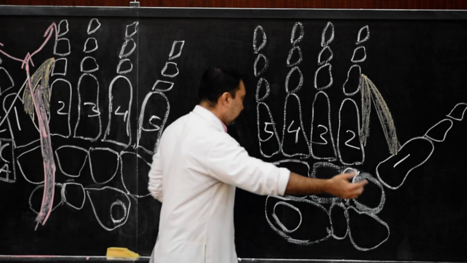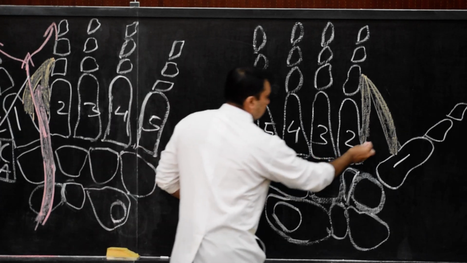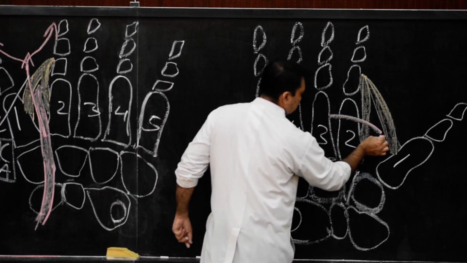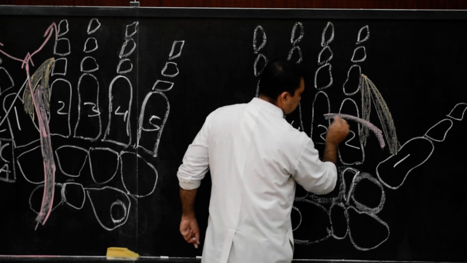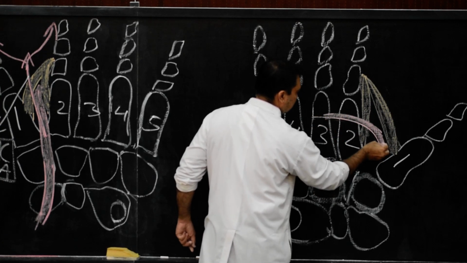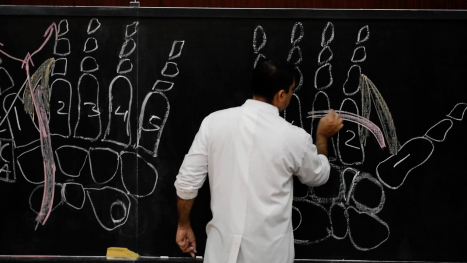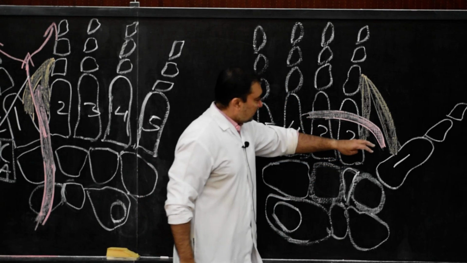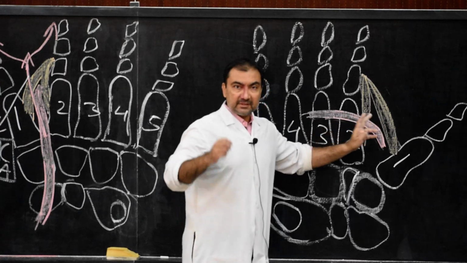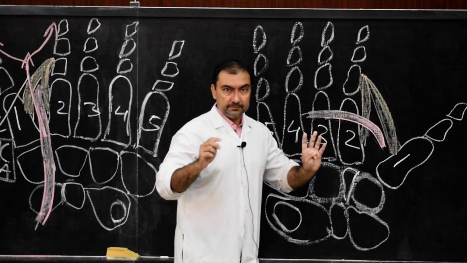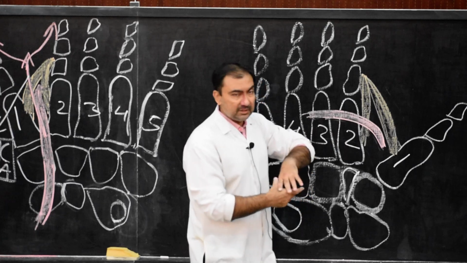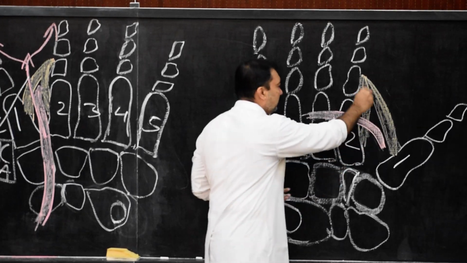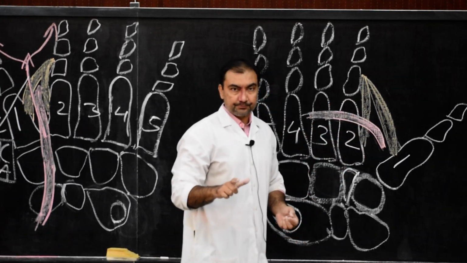Now the radial artery is passing in the palm through this muscle, in between the two heads of the first dorsal interosseous muscle. The same muscle which we have drawn on the dorsum side. We are showing from the palmar side how this muscle is attached.